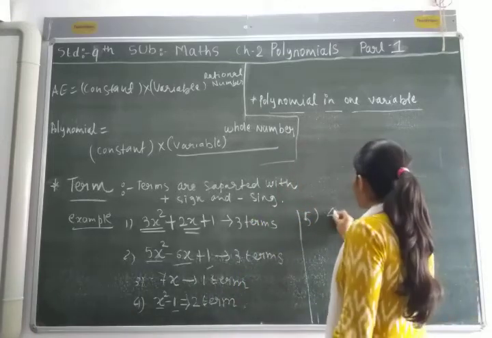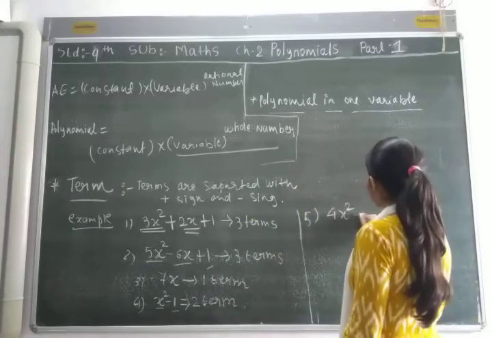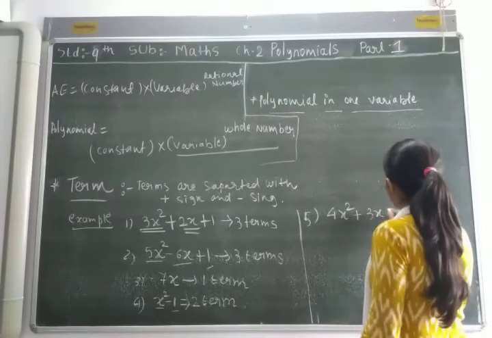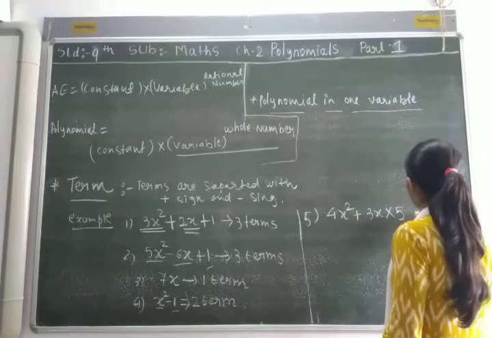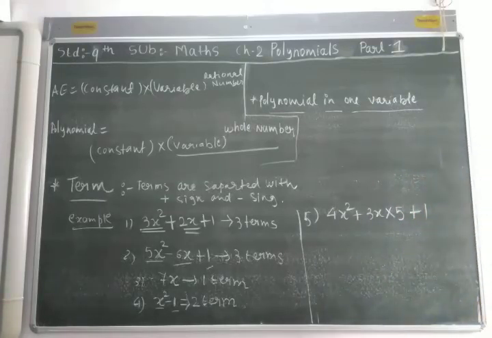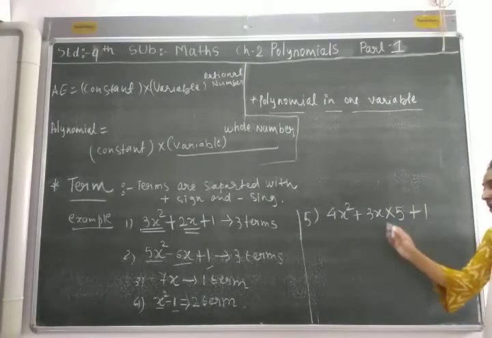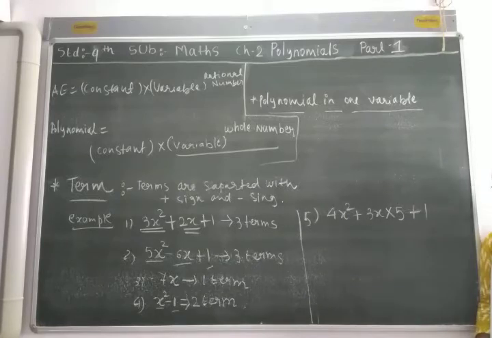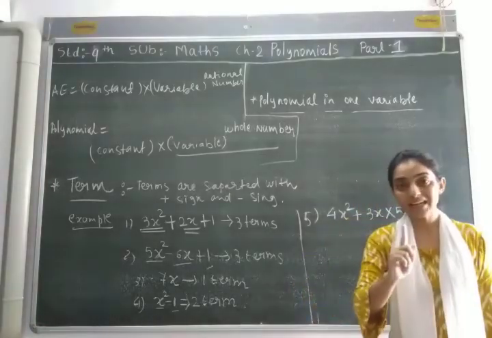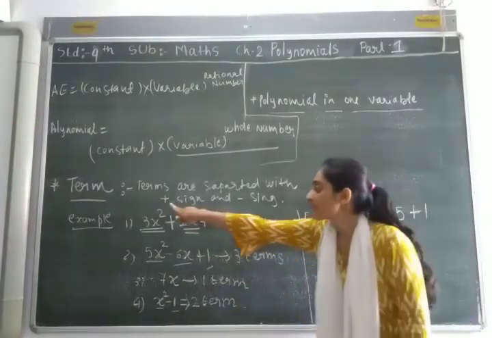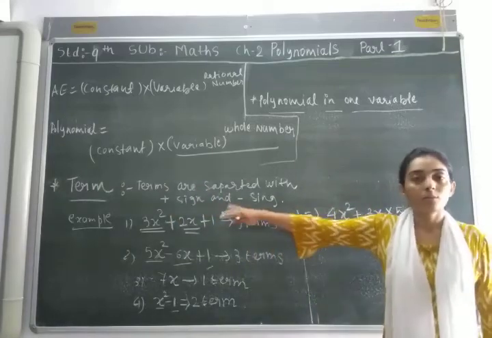Say 4x square plus 3x into 5 plus 1. As you can see, how many terms are there? Is it 4? No. What I am saying is that terms are only separated with two signs, negative or positive.